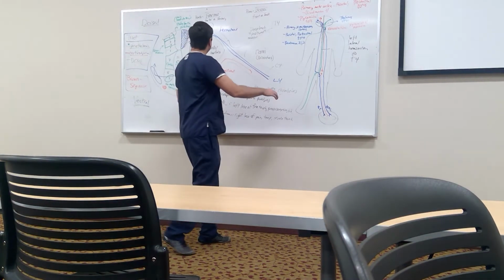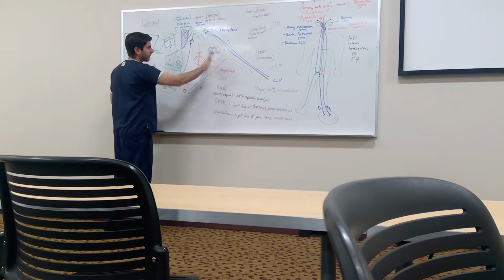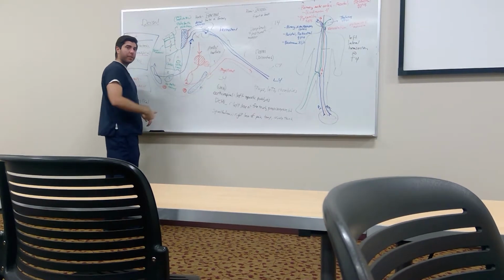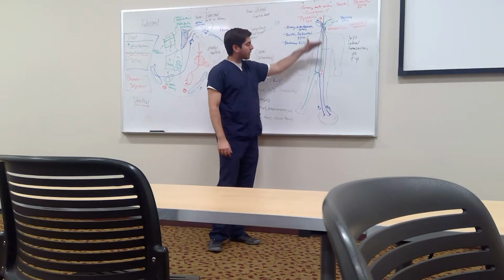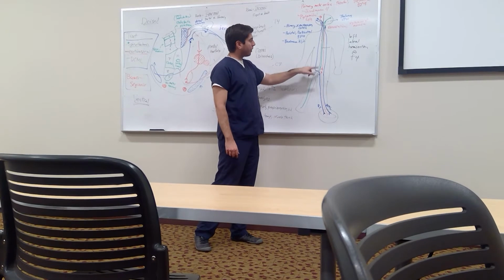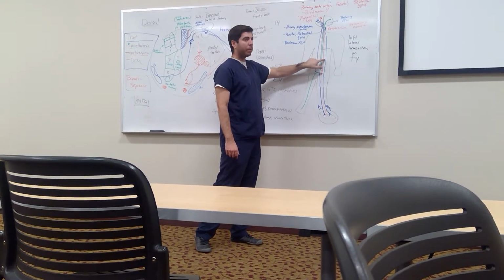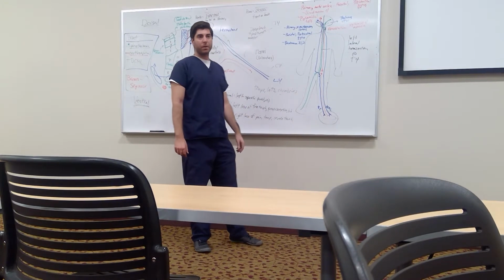So if you cut off, we're doing a left lateral hemisection, so this half is being severed, and everything below this level will lose ipsilateral motor, ipsilateral vibration and proprioception, contralateral pain, temperature, crude touch.